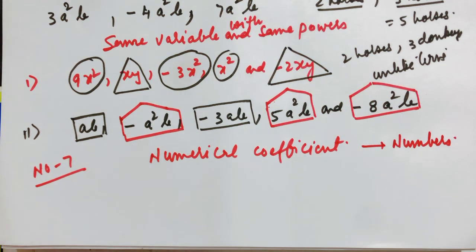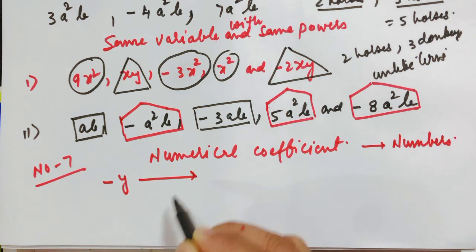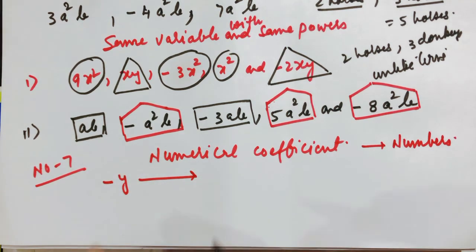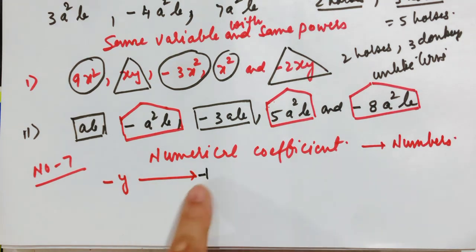Like for example, let us take minus y. Minus y's numerical coefficient is what? So 1, simple. Not 1, minus 1. Minus 1 is the numerical coefficient.